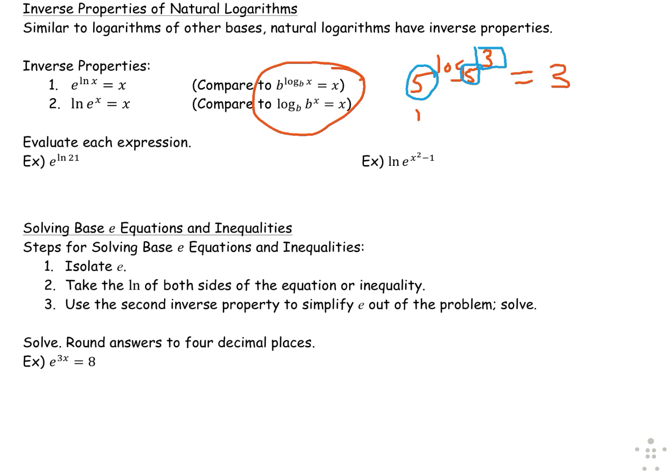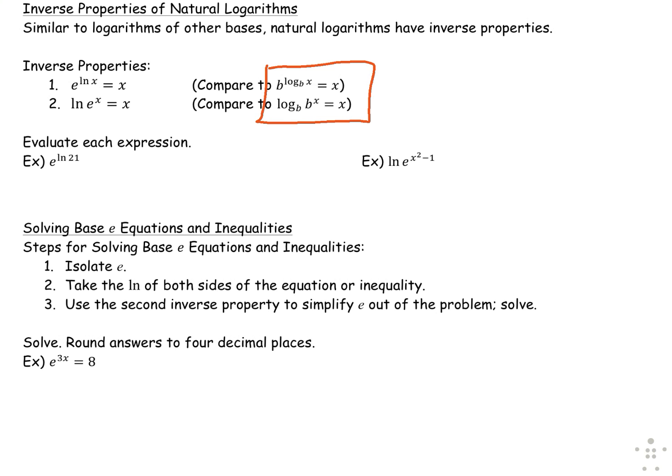Similarly, if we have the log base 6 of 6 squared, again, climbing the ladder, when the base of the log matches the base of what you're taking the log of, then its exponent is your answer. So, if that's true with logarithms, then it's definitely true with natural logarithms, base e.